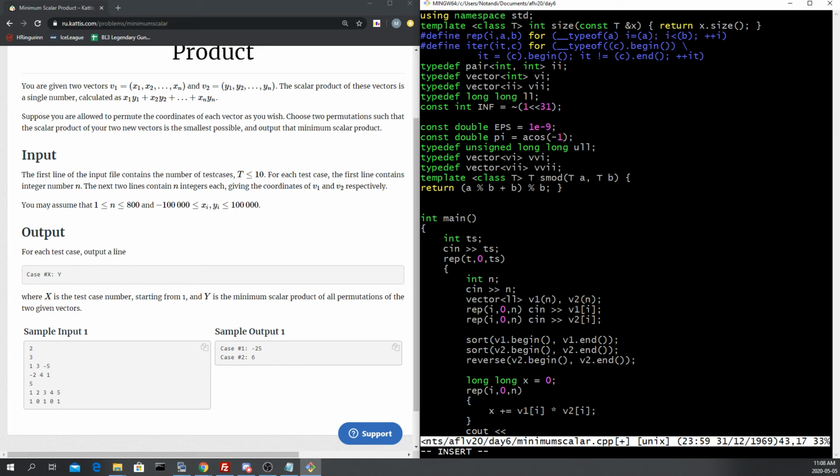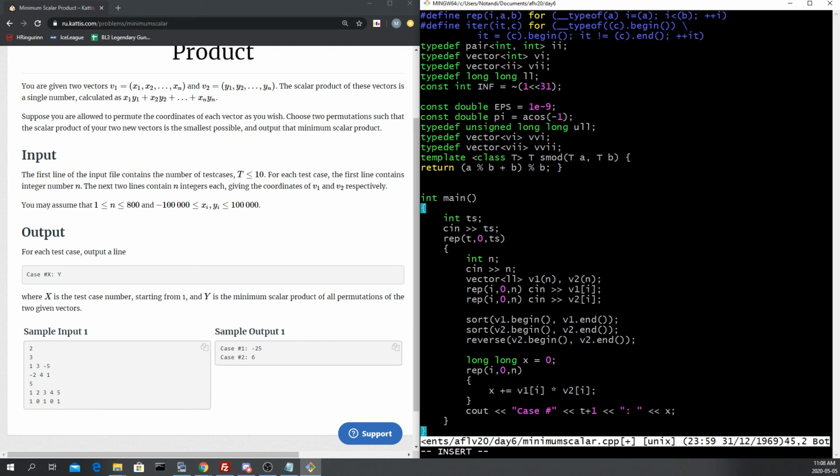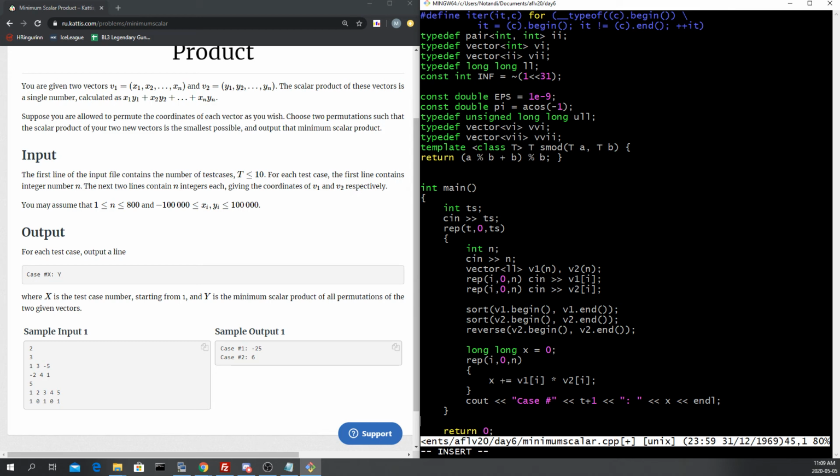And then we have to write Case #t plus 1, like so, and a new line, of course. So let's try running this.